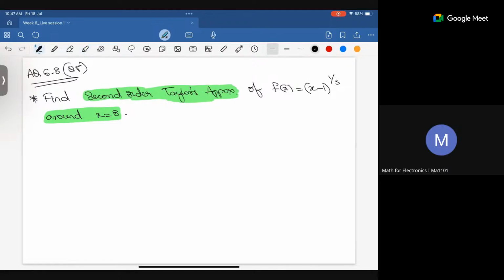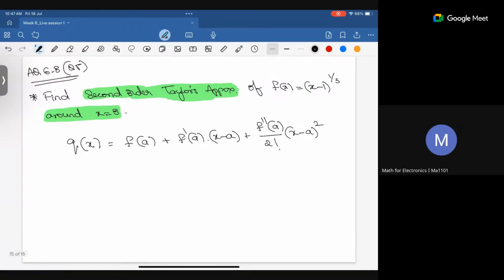So that means they need this q of x, which is f of a plus f prime of a into x minus a plus f double prime of a, right. So this is the approximation, and if you add the error term, that will be exactly equal to the function.